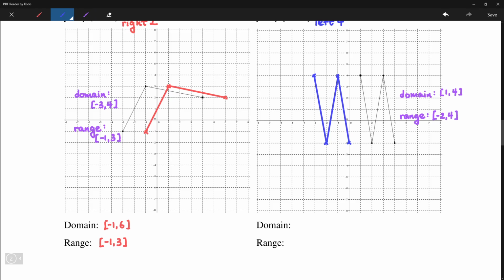It was moved left 4 spaces, so we get a domain of -3 to 0. Okay, notice that each one of the values in the original domain, these two values, were each subtracted by 4 to get the new domain. And of course, because there's no vertical translation, the range stays the same. It will still be -2, 4.